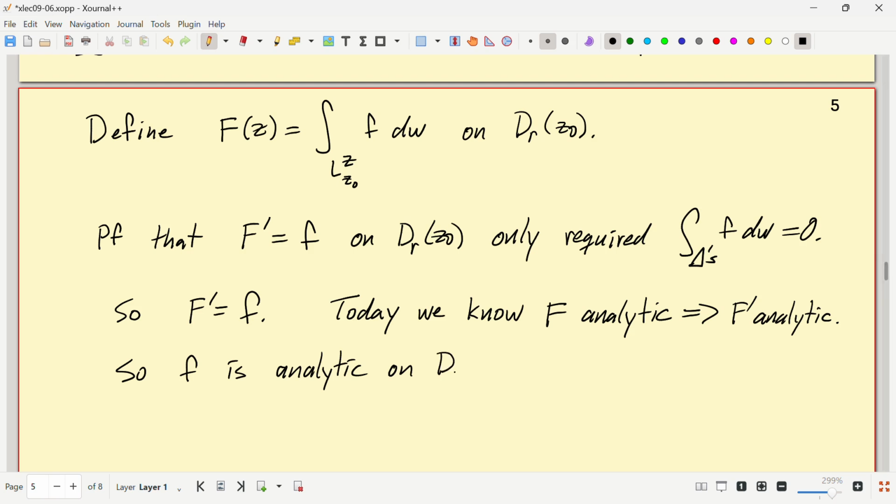That was an arbitrary little disk, so I could do that about any point. So f is analytic on all of omega. That's fantastic. A no-work proof of a pretty interesting thing.